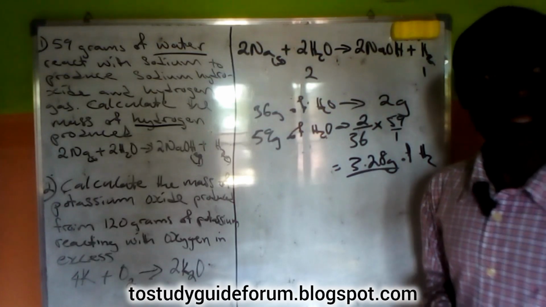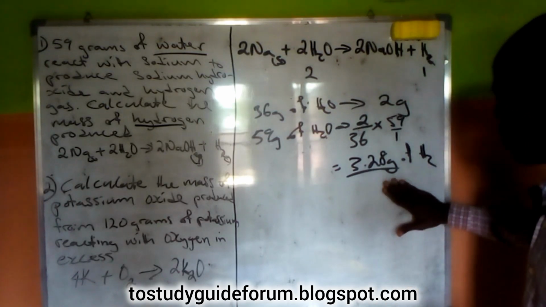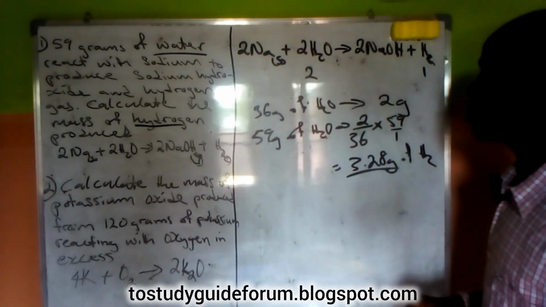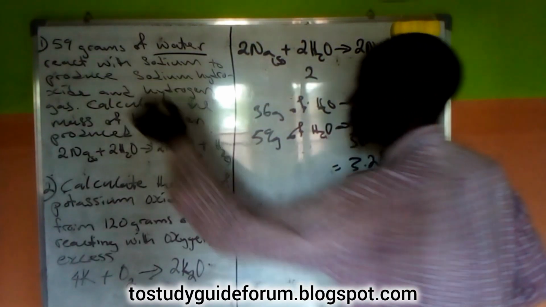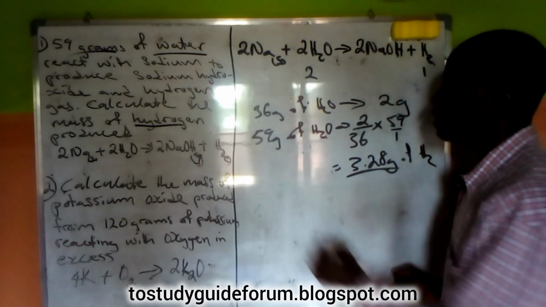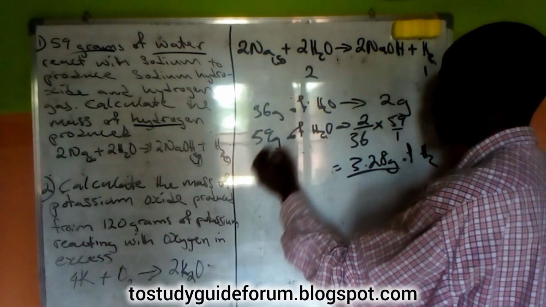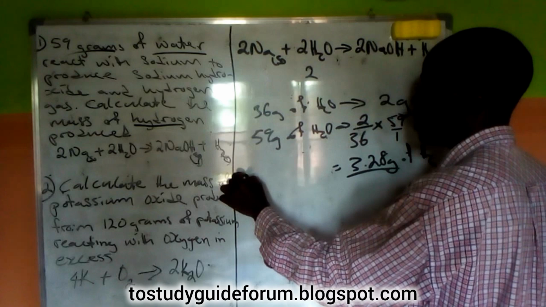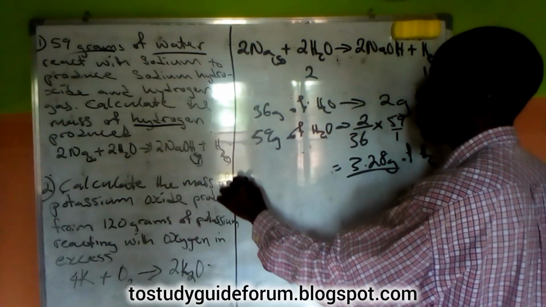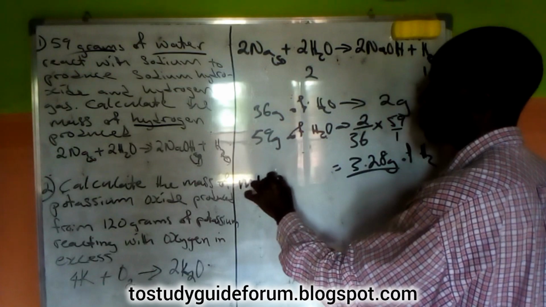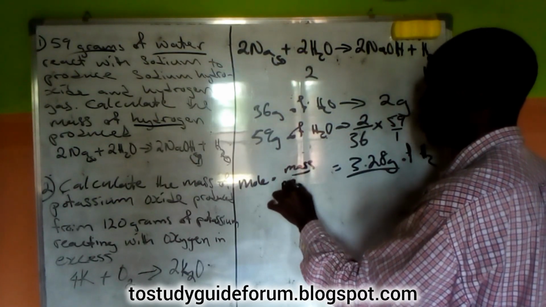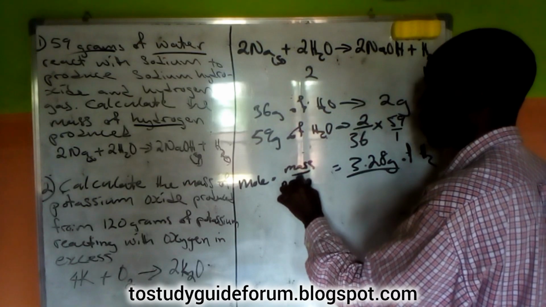Now, another method of solving this problem is considering the moles. But before you use the moles, you need to convert these grams to moles. Converting the grams to moles means we know that the relative molecular mass of water is what? 18. So we know that mole is equal to mass over relative molecular mass.